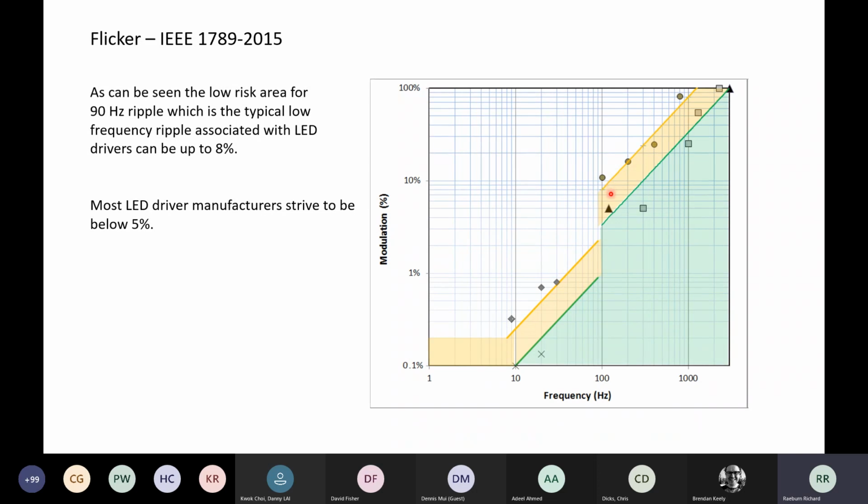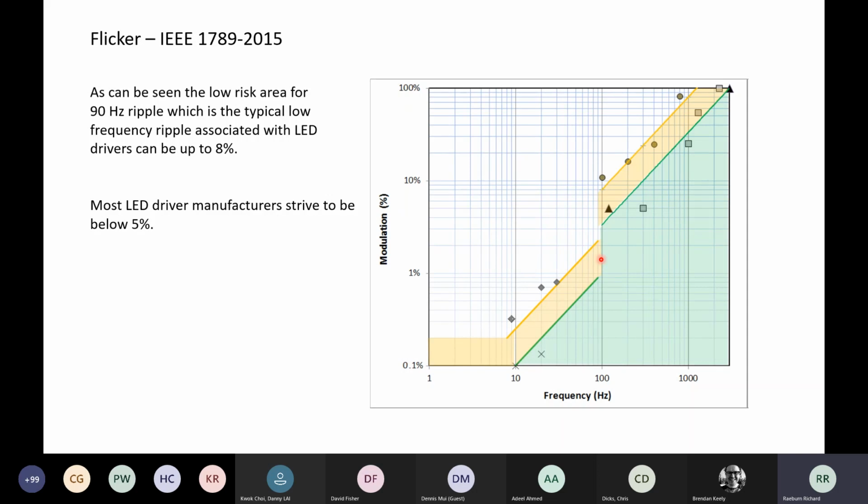So here we have different regions. The green region is where you should be at no risk, and here we have a slight risk, but generally at 90% below, it's not a problem.